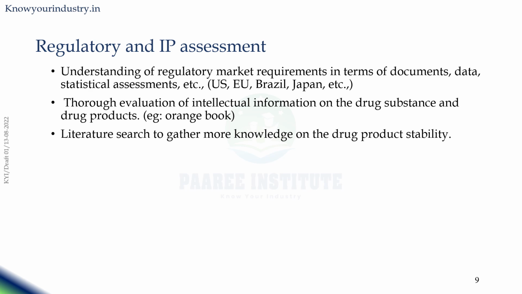Scientific articles will give you a lot of information about each product's stability in the various dosage forms. So all this information is very essential when we think about pharmaceutical product development.